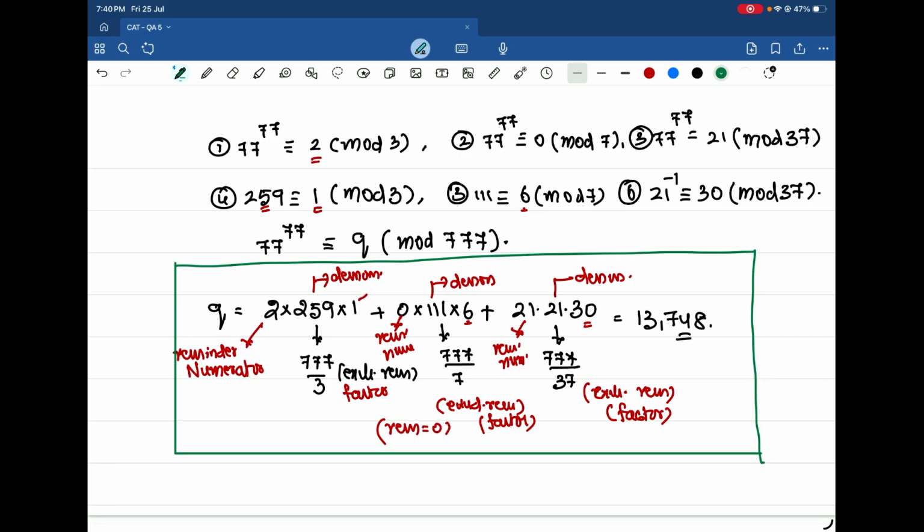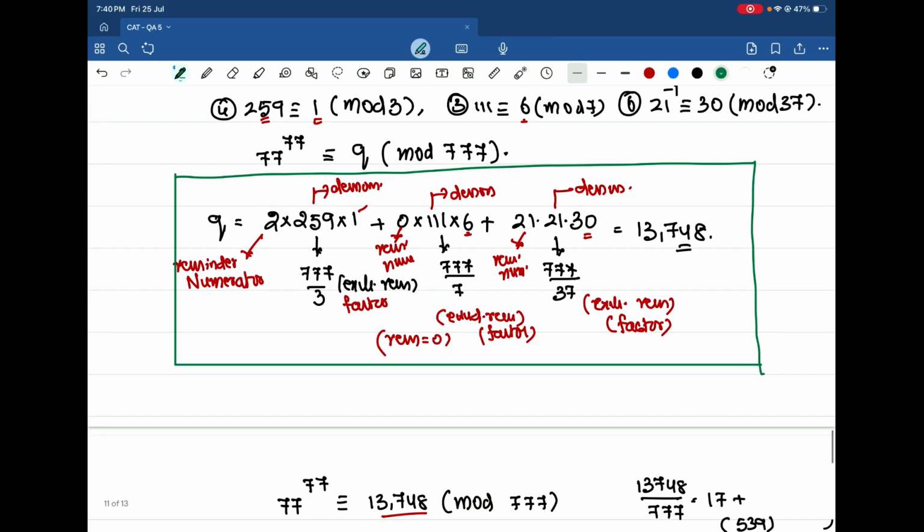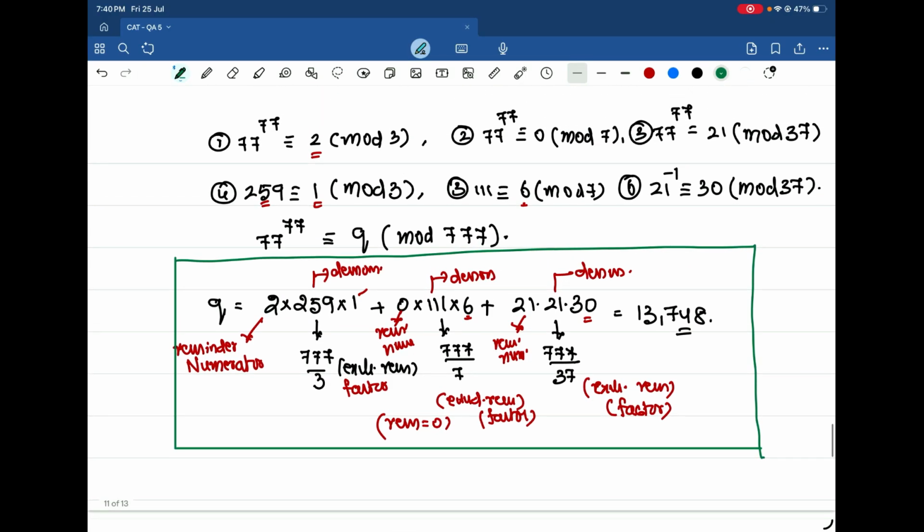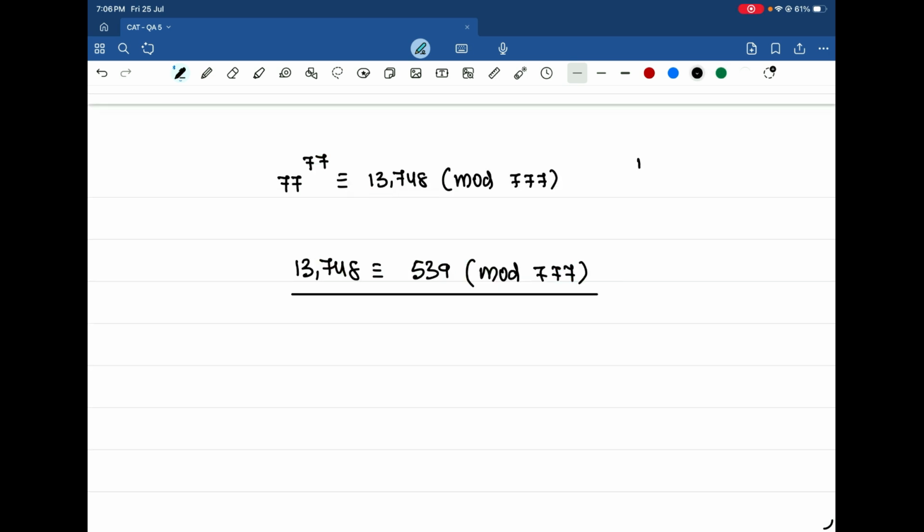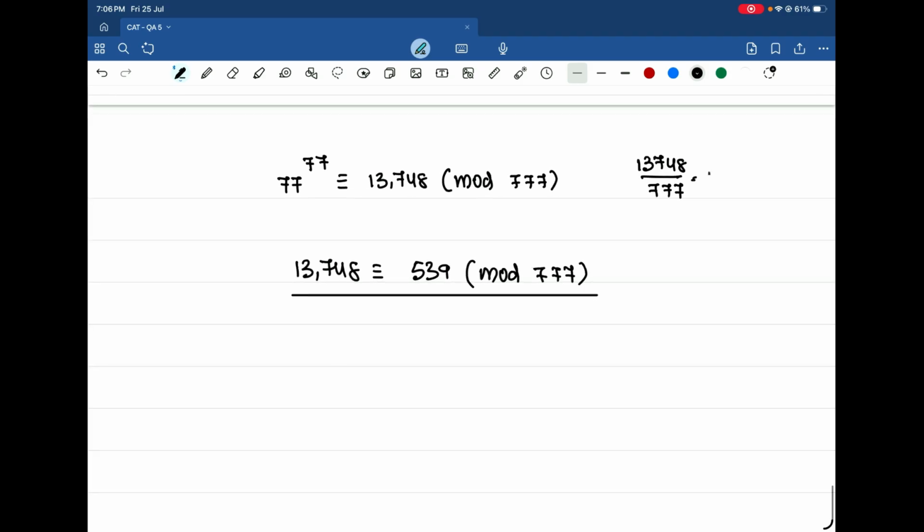Now, if you want to cross check, divide 13,748 by 777. That is 17 plus 539 remainder.